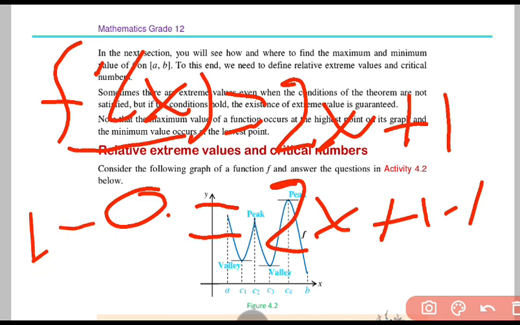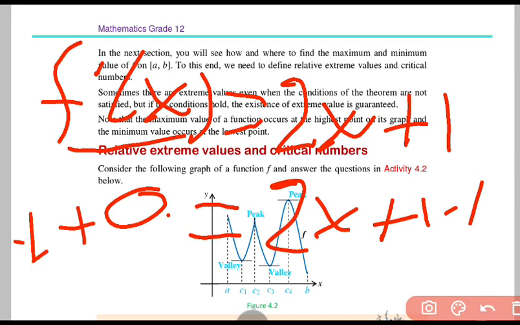This minus is not for the 1. When we make it add, we make it negative. See, the negative belongs to 1; the negative belongs to the bigger number here.